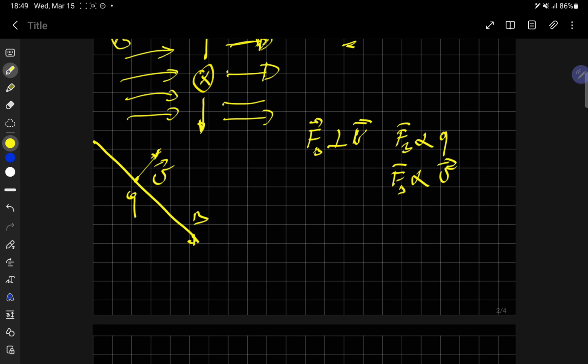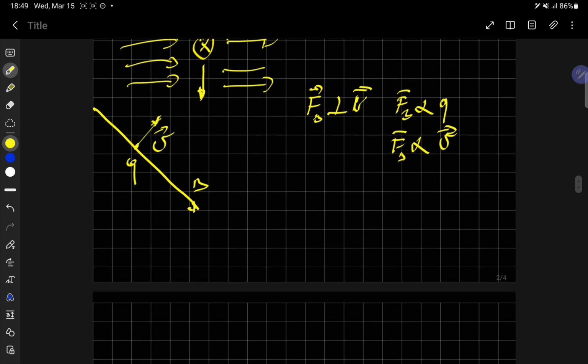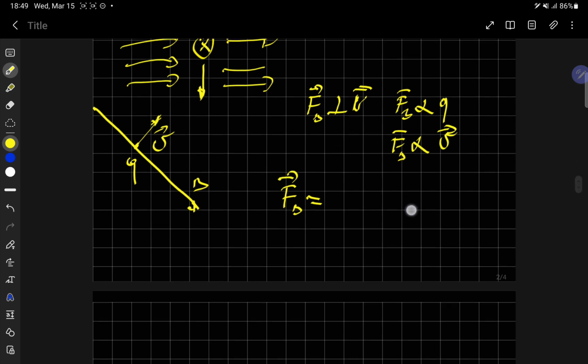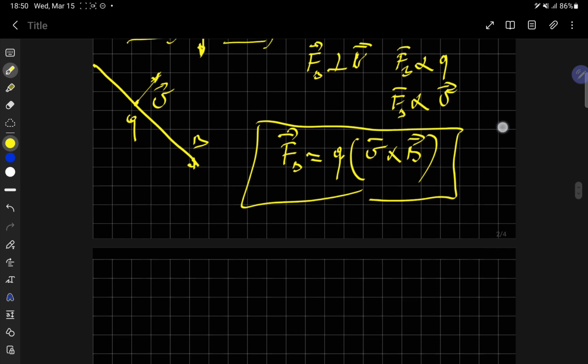If the speed is larger, the force is larger, and the same is true for Q. From those facts, you can guess the formula is the velocity cross the magnetic field B, times Q. Simple, right?